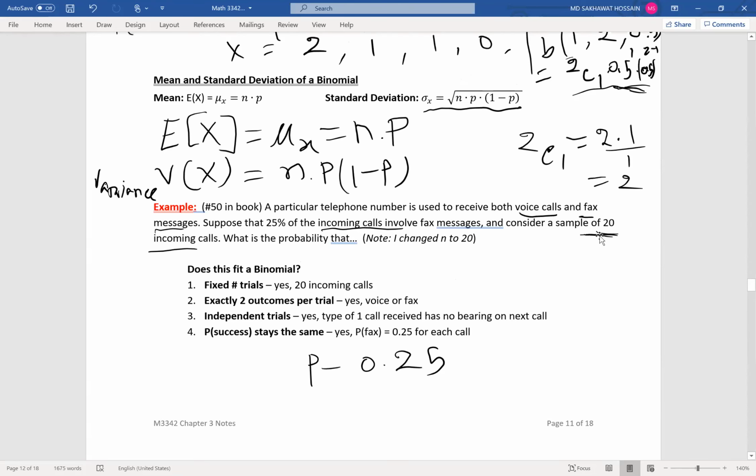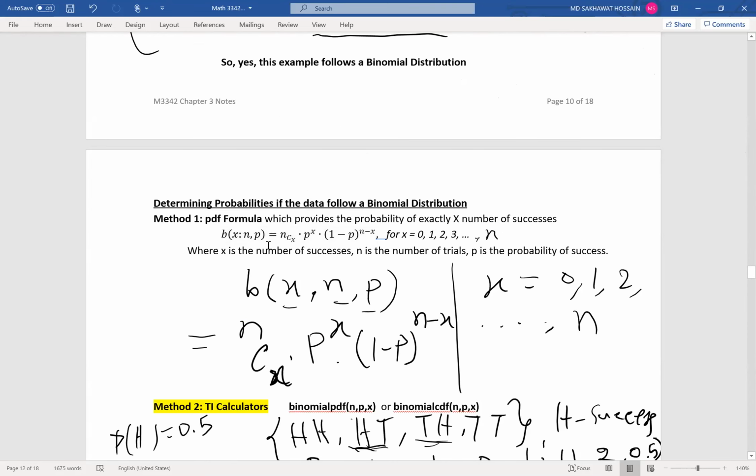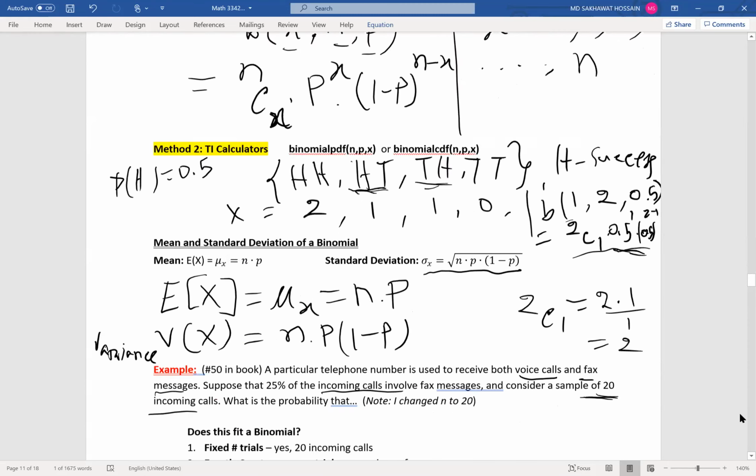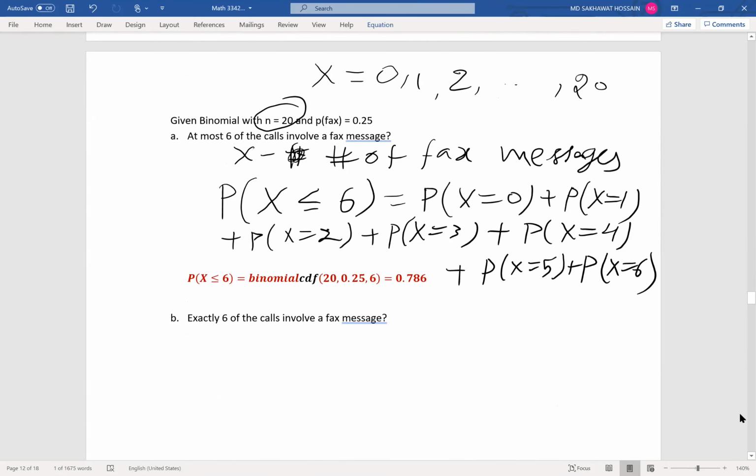So for each one, you have to use this formula to find its probability. Let's see how we can find the probability X is equal to 0.